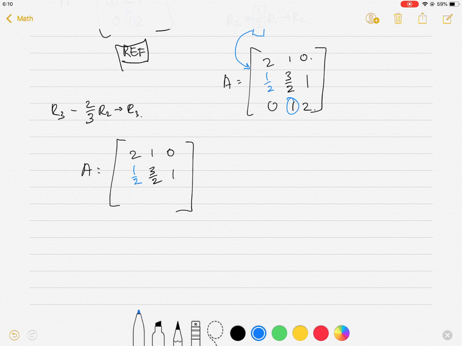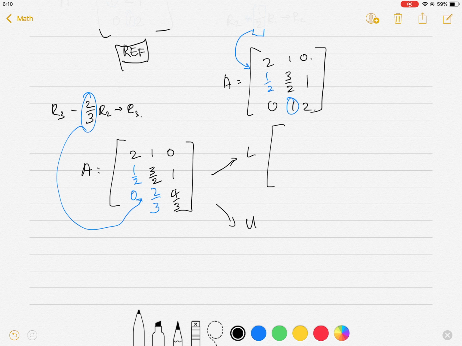And then we want to save this 2/3 right here, and this would be 4/3. The 0 would just be 0. And now we can split this into L and U. So this is L and this is U.